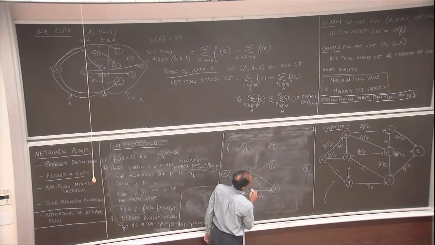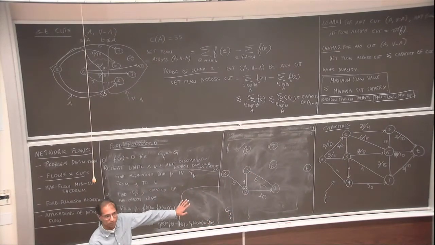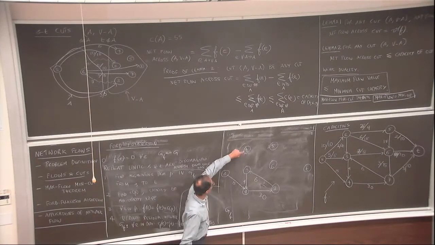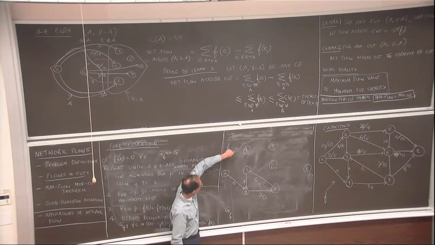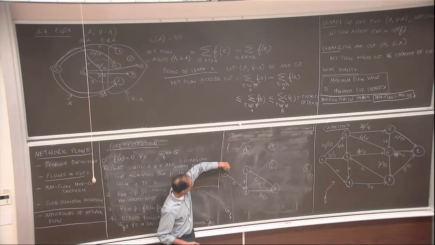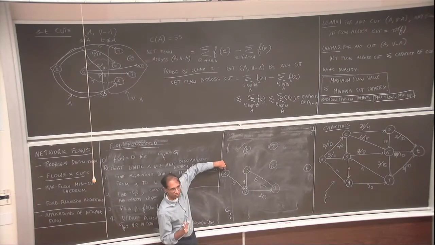Every other edge is being used. These are the edges that have not been used at all. S to 2. What should the capacity of S to 2 be? 0. So I'm not going to put it. But there's going to be a reverse edge from 2 to S, but I'm not going to put edges to S because there is no need for edges to S. S to 3. What's the capacity? 0. Reverse edge, not going to put it.